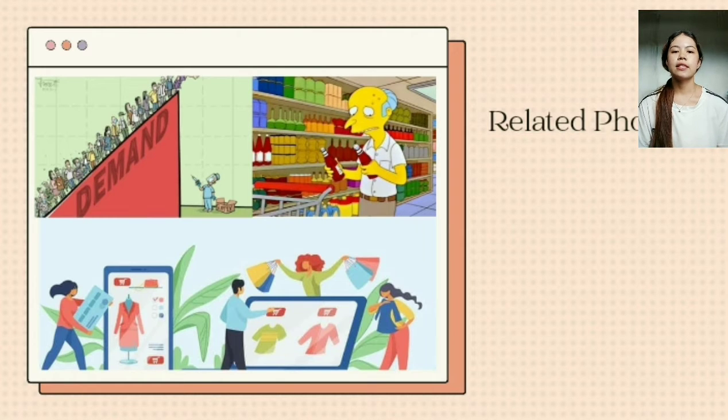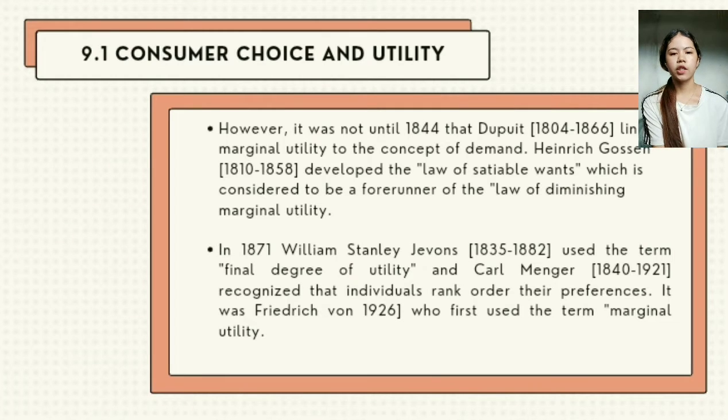So, here is an example of demand and consumer choice. Next is consumer choice and utility. However, it was not until 1844 that Dupuit (1804-1866) linked marginal utility to the concept of demand. Heinrich Gossen (1810-1858) developed the law of satiable wants, which is considered to be a forerunner of the law of diminishing marginal utility.